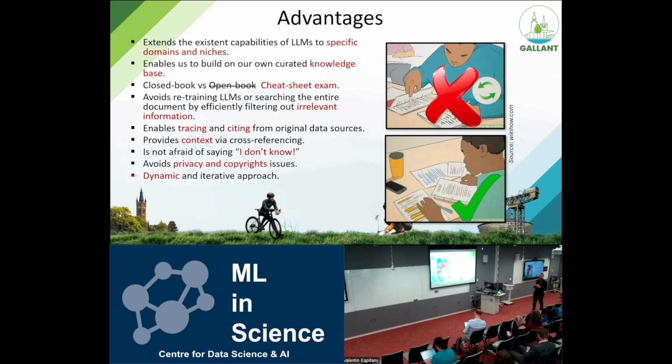RAG offers several significant advantages over traditional methods. First, it takes existing capabilities of large language models and extends them to specific domains and niches. Also, it enables us to build our own curated knowledge to provide context to the models.